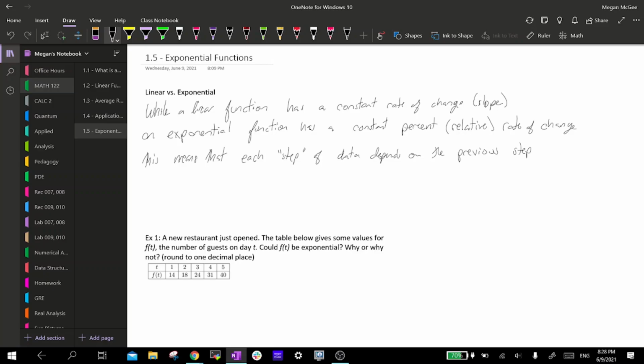Alright, it's not a constant rate, so no matter where you are, you're not stepping 3 at a time. It actually depends on your previous step, okay? And that's why we call it a relative rate of change.